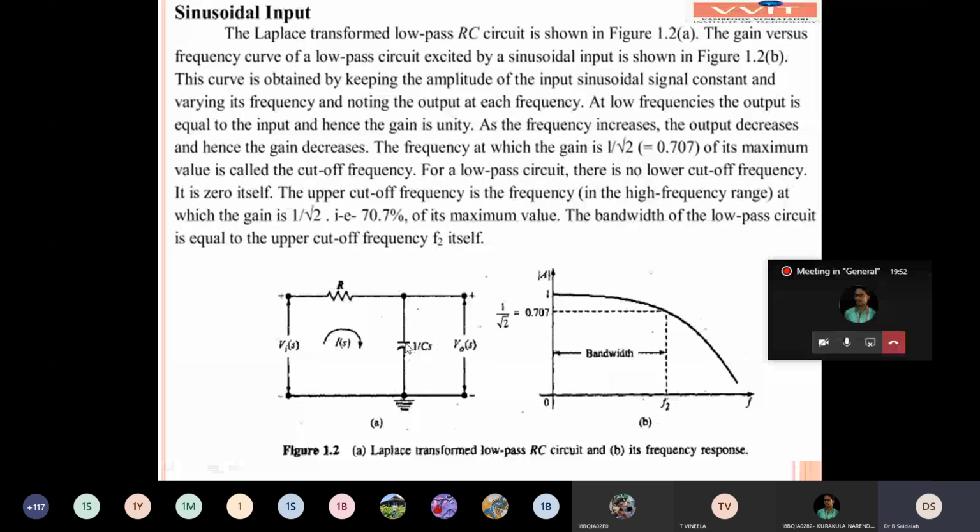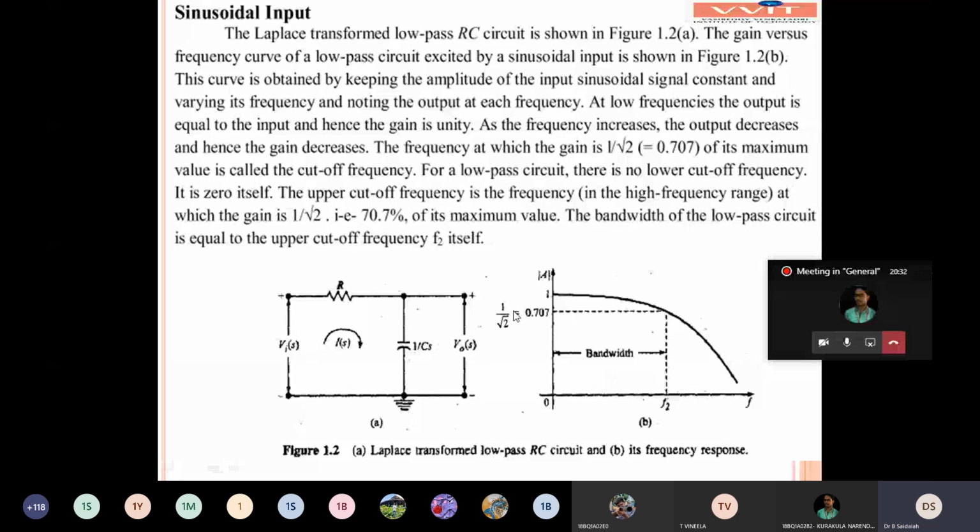But the important thing is, up to what frequency is the input signal 100% or 95% transmitted, that is, the maximum amount of the input signal is transmitted. This point is the upper cutoff frequency. So how do we find the upper cutoff frequency f2? This is the frequency at which the voltage gain amplitude is reduced to 70.7%, or 1 by root 2 times the maximum gain.